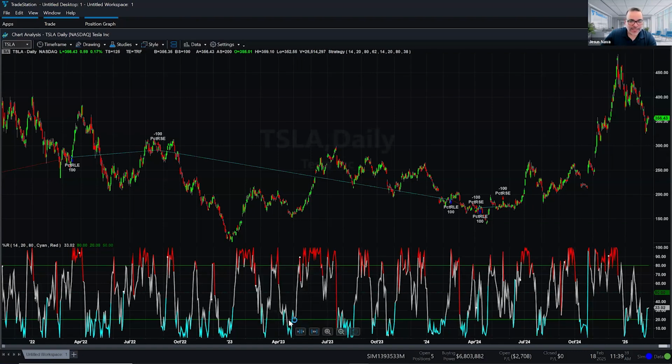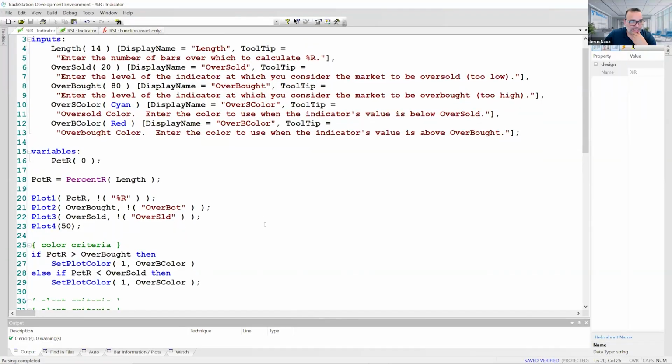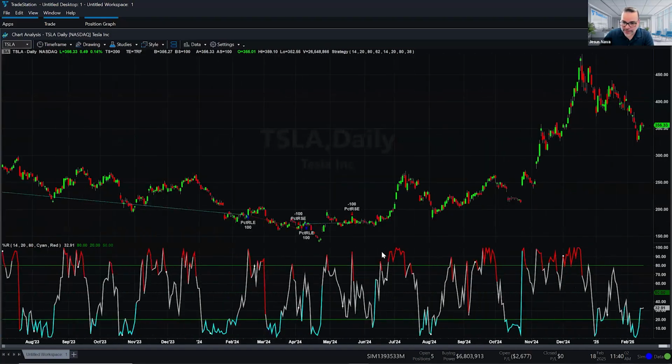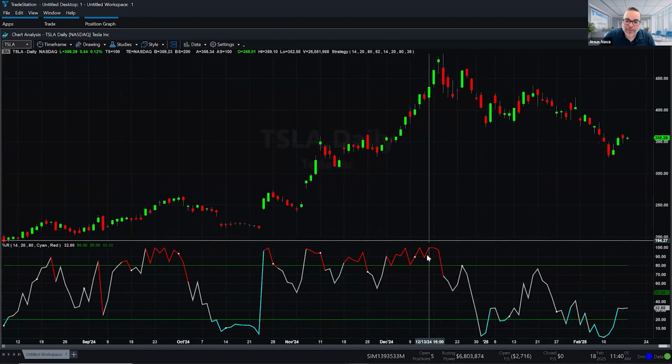I'm going to go to the EasyLanguage for the percent R, and let's take a look at the alert. So whenever the percent R gives you a bearish or a bullish signal, it is looking at percent R crossing over oversold, or the percent R crossing under overbought. So we look at the chart. All right, so let me open this up. We're looking at overbought here.